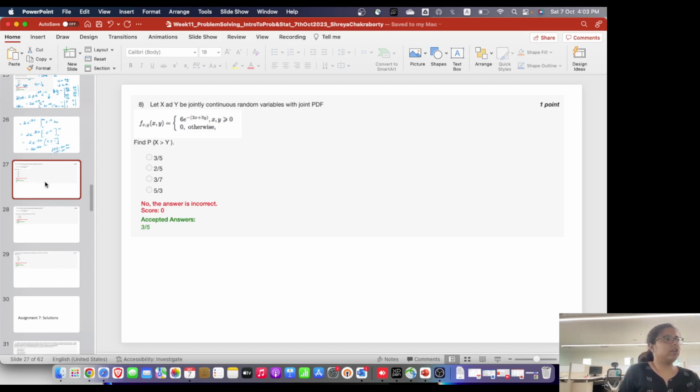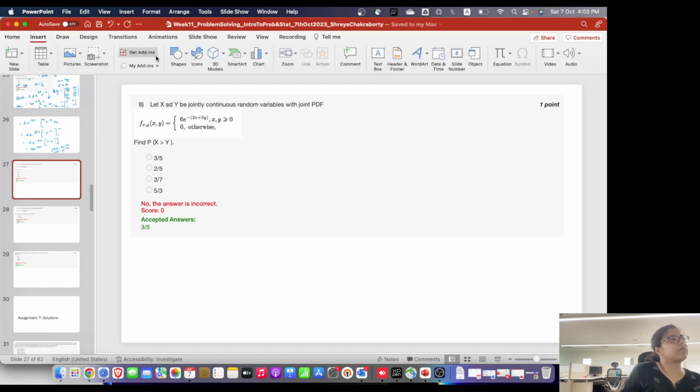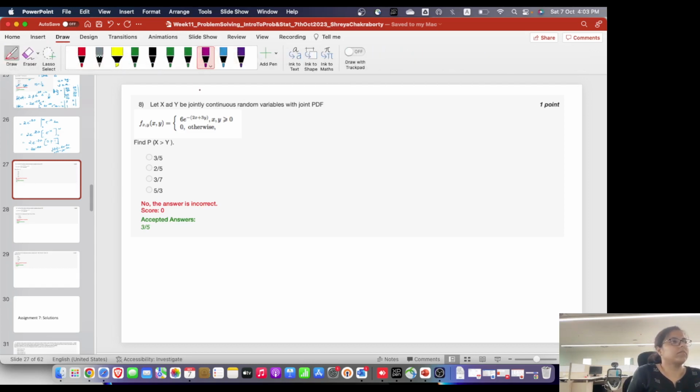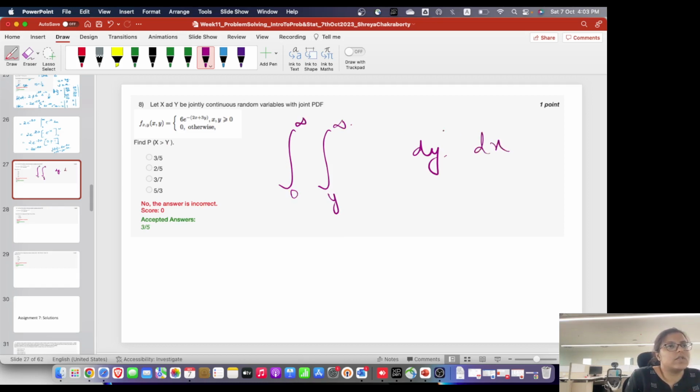Alright, so in order to solve this, probability x greater than y will be, let us fix a certain y. Then x has to be greater than y. So x can take value from y to infinity, okay, and y can take values from 0 to infinity.